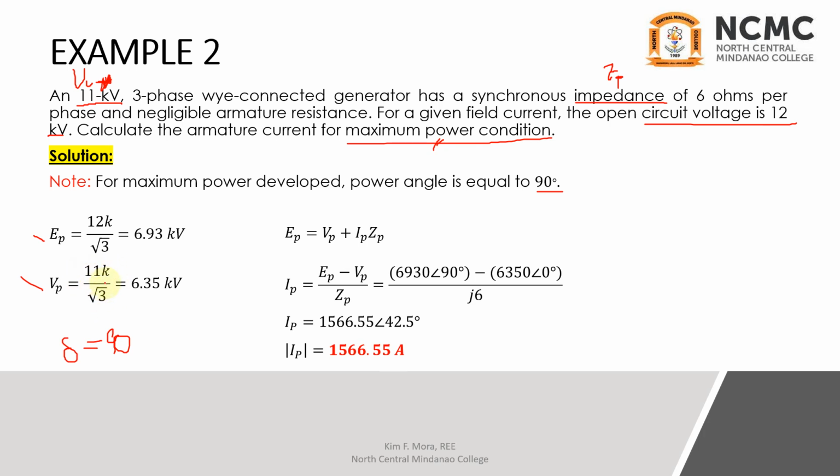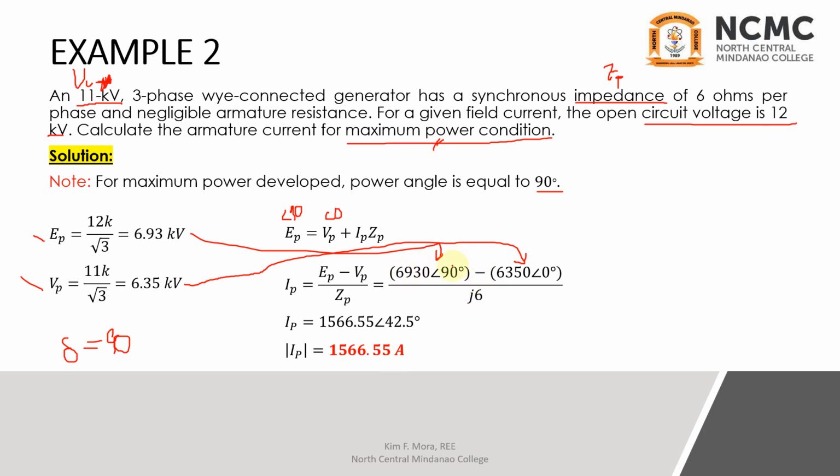So we have 11k over square root of 3, which gives us VP. Without solving for the angle, we substitute our values directly. VP always has an angle of 0, and EP has the angle of 90. So EP is 6,930 angle 90, and VP is 6.35k, or 6,350 angle 0, over our impedance, which is equal to j6.